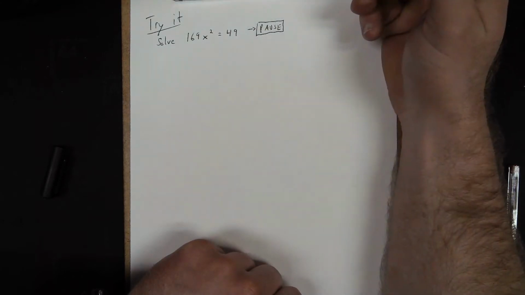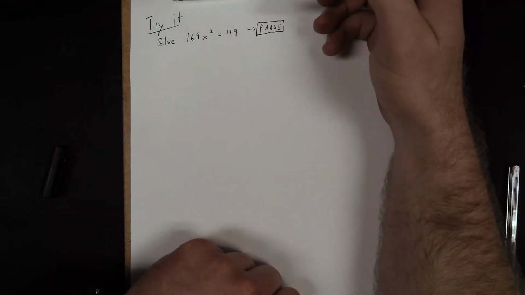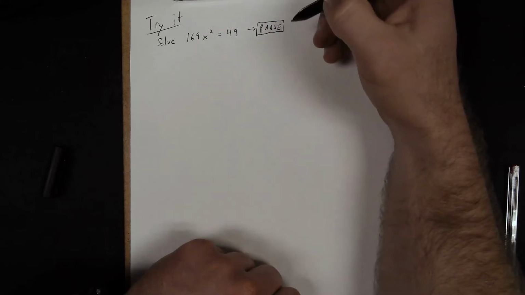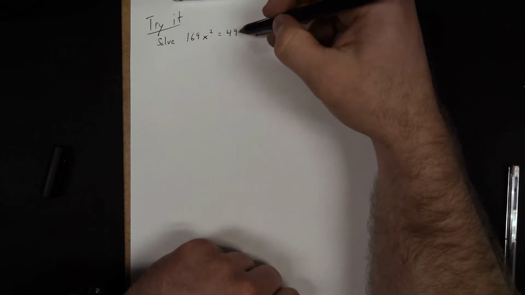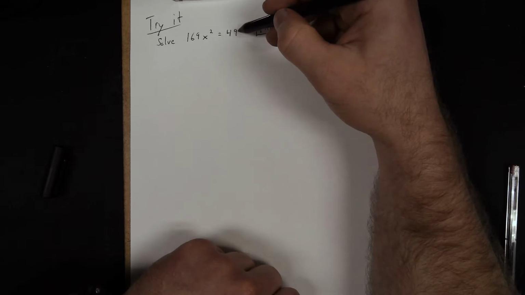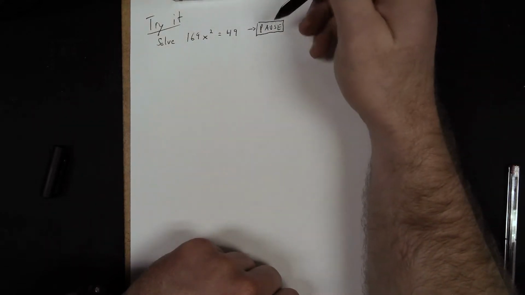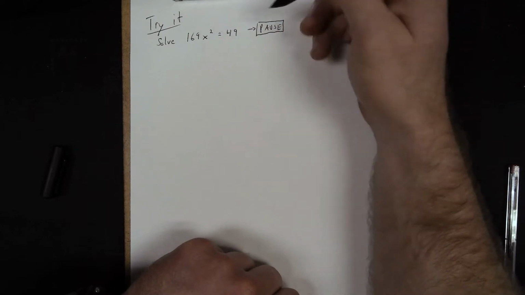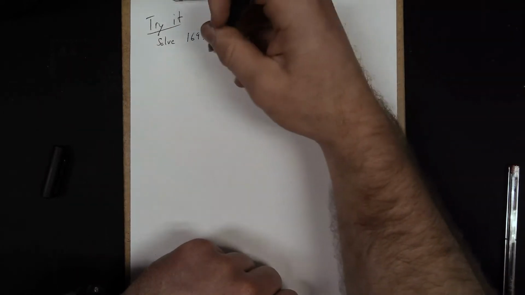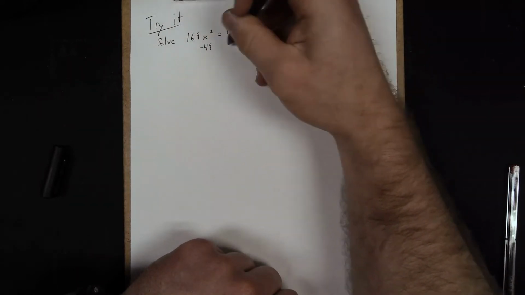All right, hopefully you paused and tried solving it yourself first, but here we go. So first thing I'm going to want to do is get 49 over by the 169x squared, because we want this thing to be set equal to 0, so I'm going to subtract 49.